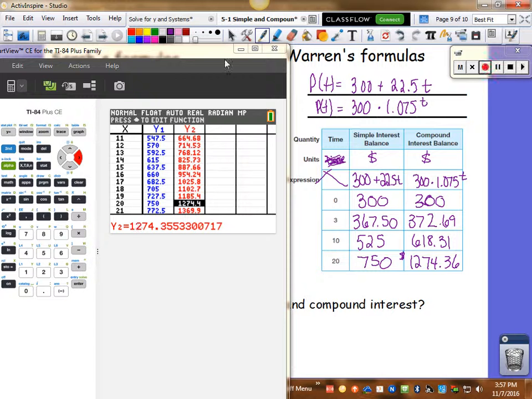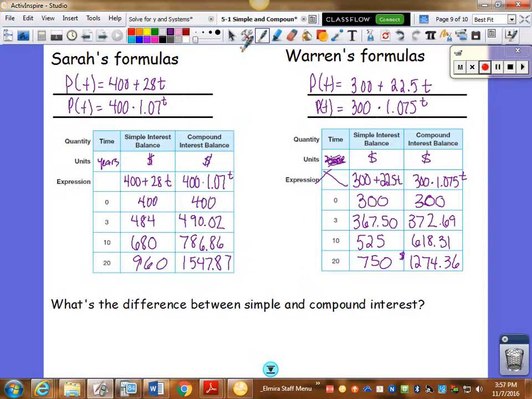Okay, so what's the difference between simple and compound interest? Well, the difference is compound interest earns more money.